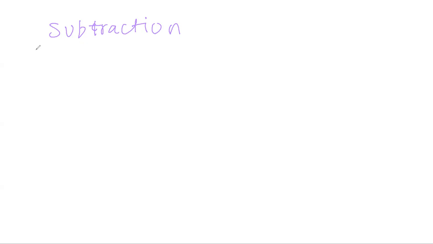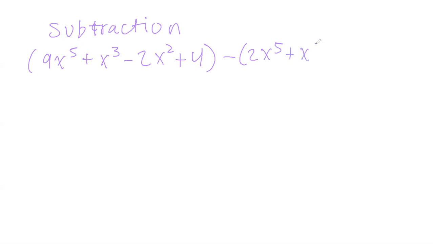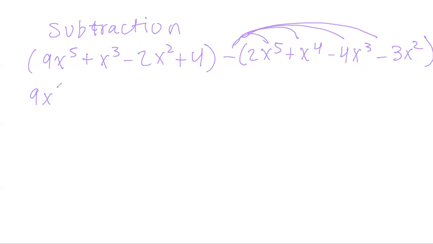So for subtraction, I have 9x to the 5th plus x cubed, and all the rest of this. So here, what I like to recommend is first distributing the minus onto all of the terms on the second polynomial, because this will make it a lot easier for us to combine with the other terms and ensuring that we're not messing up and have the wrong signs or anything like that.